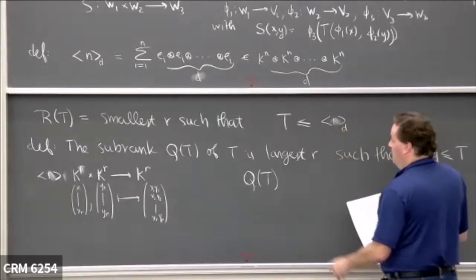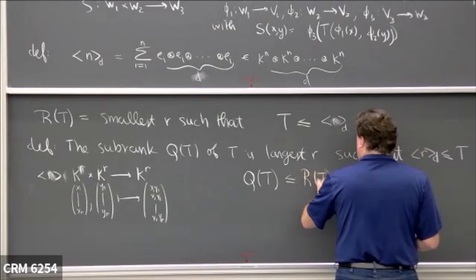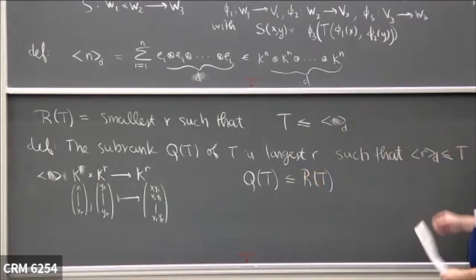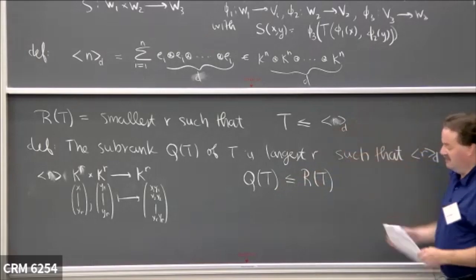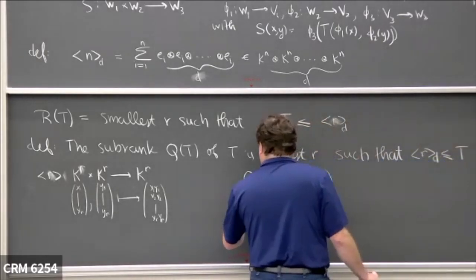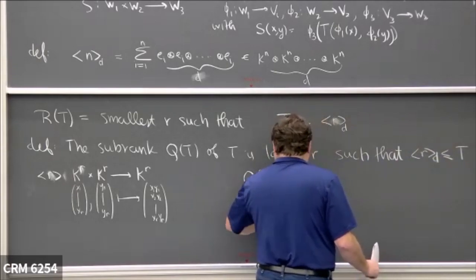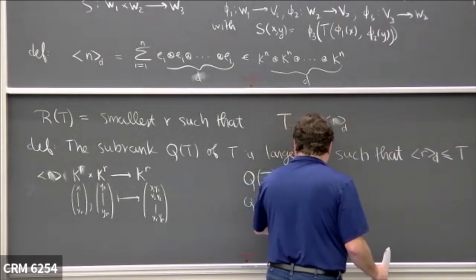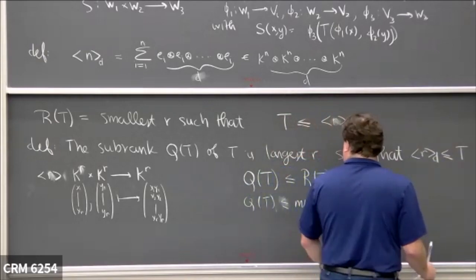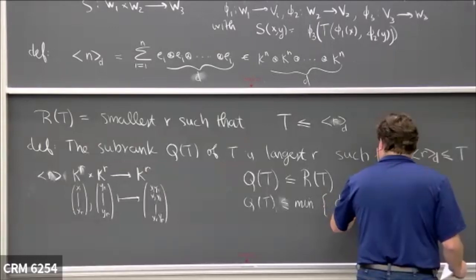So that's some obvious things we can say. The subrank is always less than or equal to the rank of a tensor. This follows from the transitivity of this relation, which is easy to check, and also properties of this tensor. One other thing that is easy to see is that the subrank is relatively small. The subrank is less than or equal to the minimum of these dimensions.